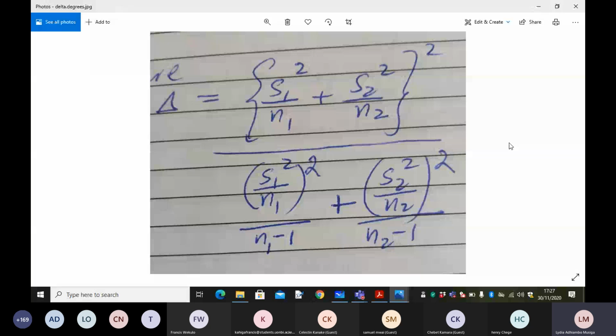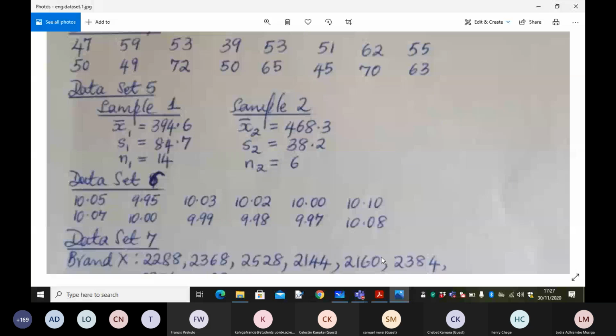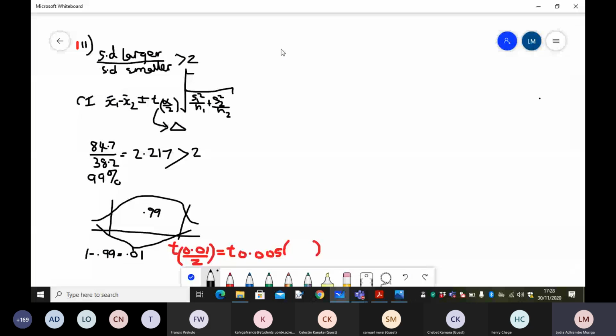And if we do that, we shall find that delta should be equal to 17.83.